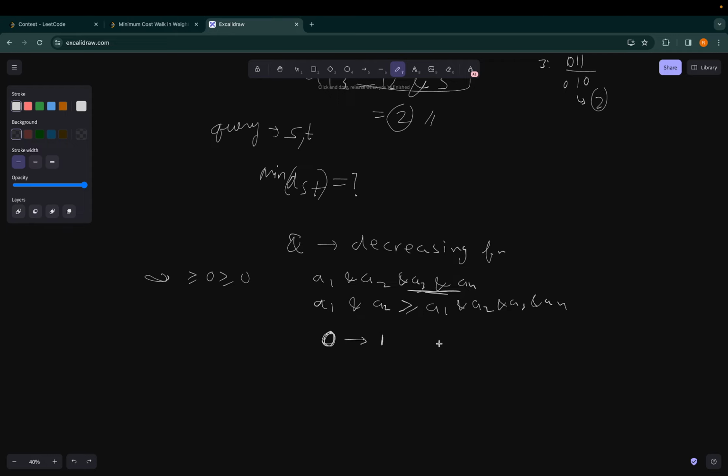So what we are saying is, the more numbers we have, the lesser the answer will become in a bitwise AND operation.